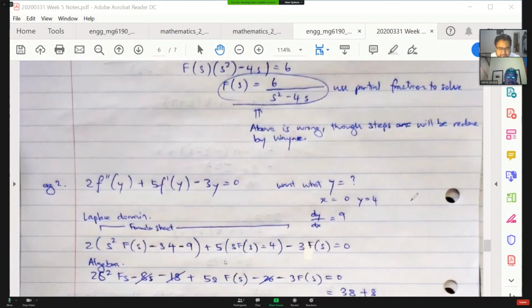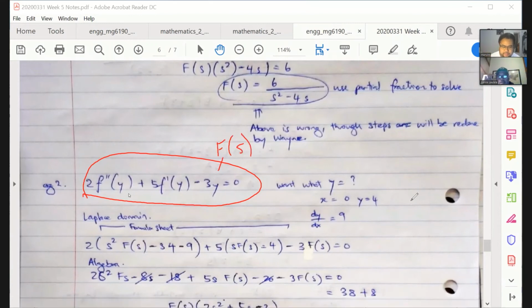This is the differential equation you want to solve. In other words, find the function y. When you convert it to the Laplace transform, the y is actually F of s, which is what you see over here.